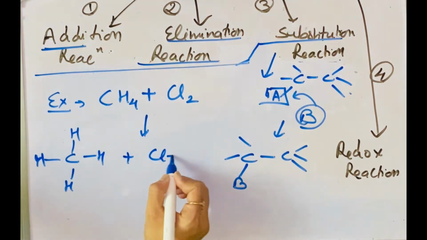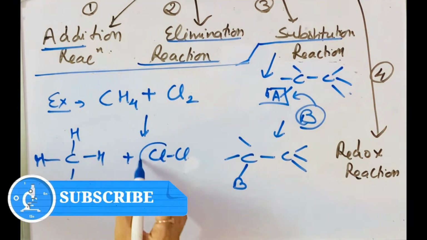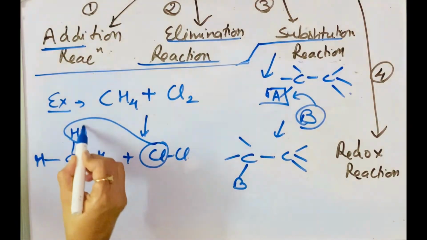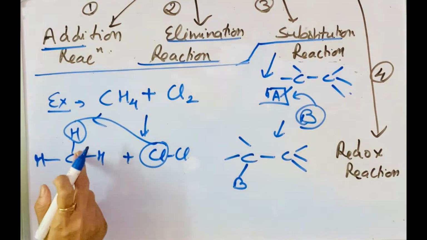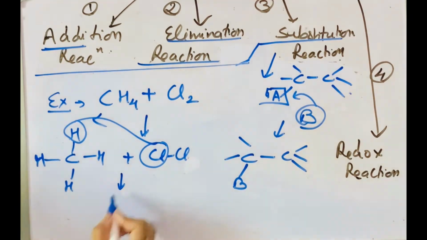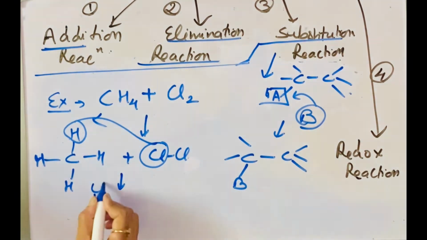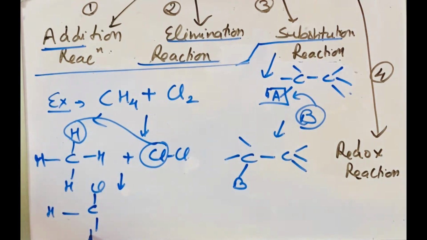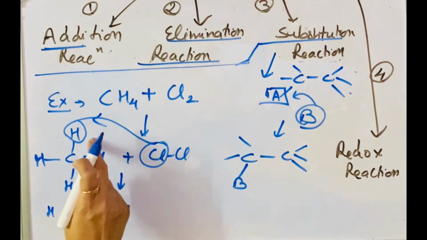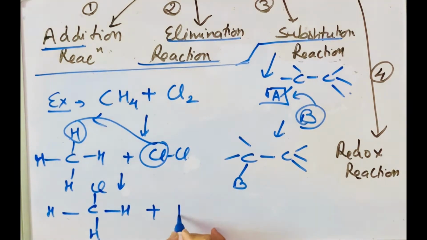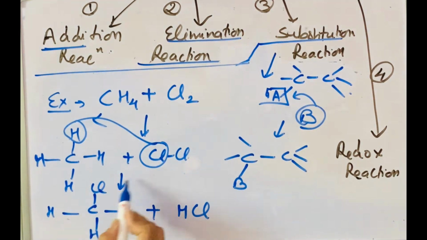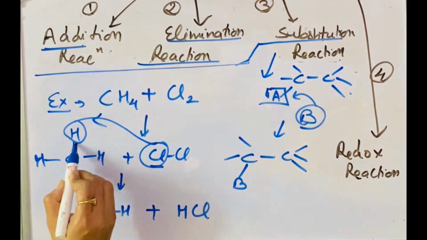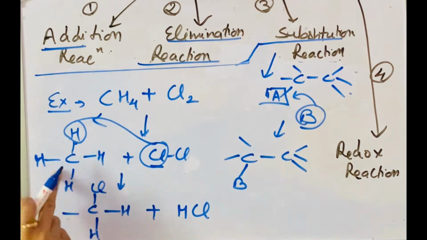When it is attacked by chlorine, one of the chlorine atoms is going to replace a hydrogen, and then the compound formed here is CH3Cl. And this hydrogen, as it has been replaced, becomes free. So the other compound formed is hydrogen chloride. As the chlorine atom has replaced hydrogen from the carbon atom, this kind of reaction is called substitution reaction.